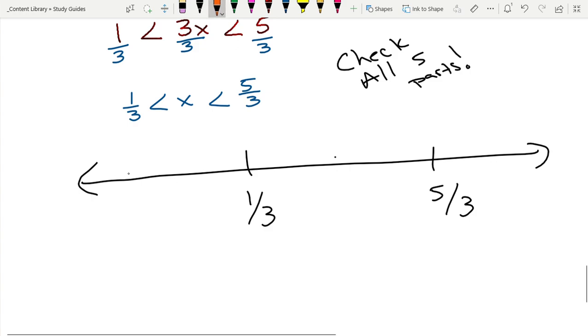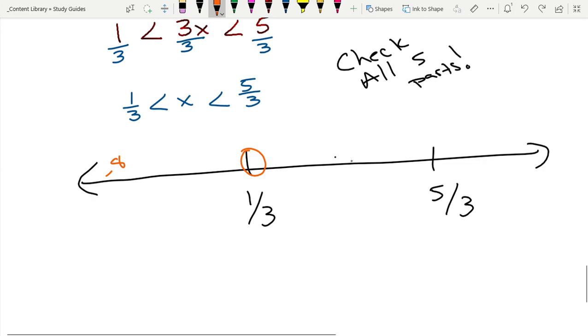So we're going to pick a number from over here, something to the left of 1/3, like, I don't know, -8. And now see if it works. Is -8 bigger than 1/3? It is not, so we cannot use the left-hand side. So then I'm going to check 1/3. Plug in 1/3. Is 1/3 bigger than 1/3? It is not, so I'm going to keep it open.